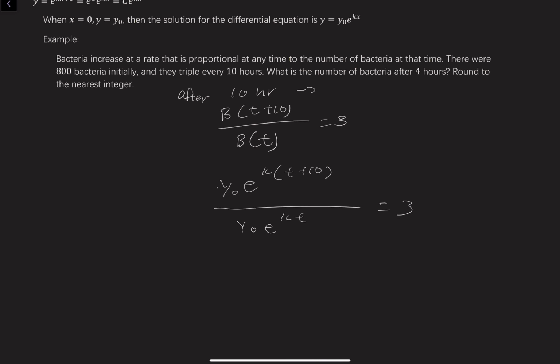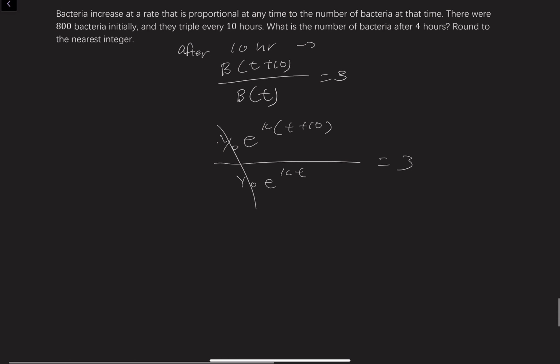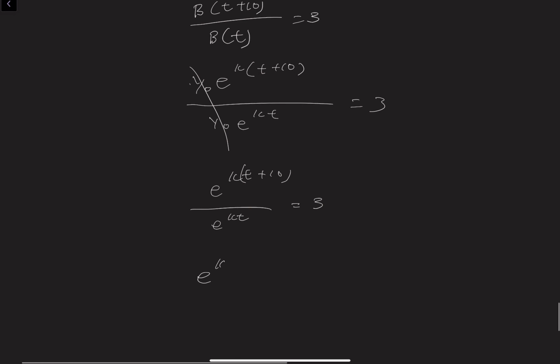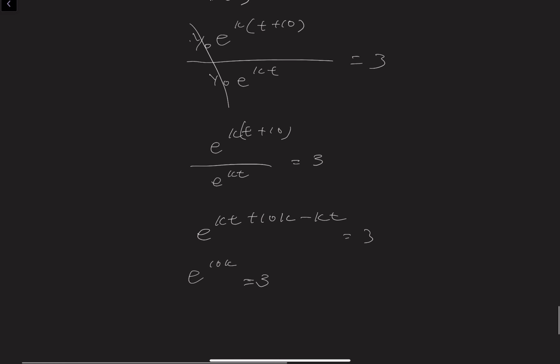This must be equal to 3. y0 cancels out. So we've got e to the k(t plus 10) divided by e to the kt equal to 3. Let's simplify this: e to the kt plus 10k minus kt equal to 3, and e to the 10k equal to 3. So we know that k equal to natural log of 3 divided by 10.